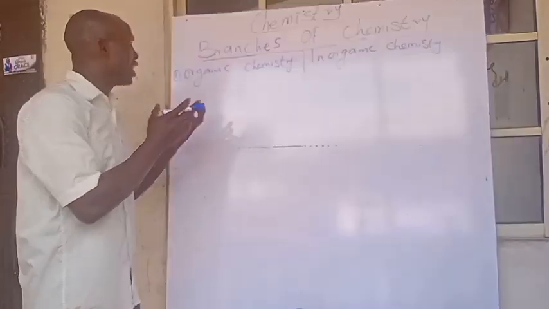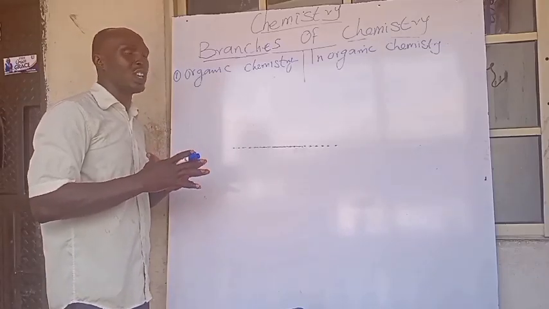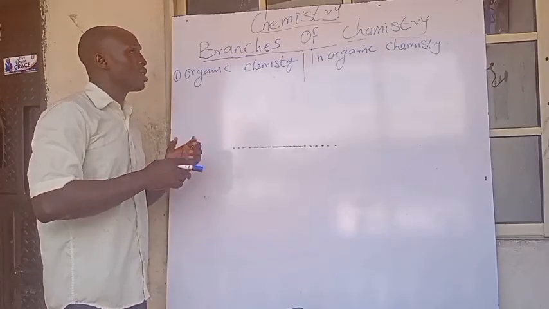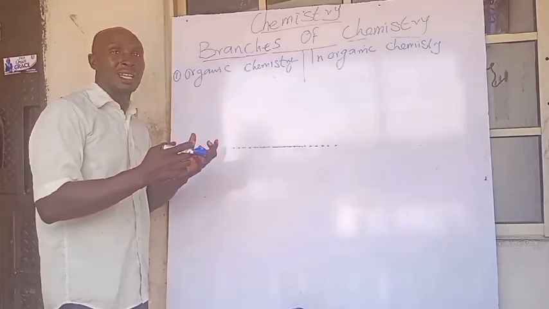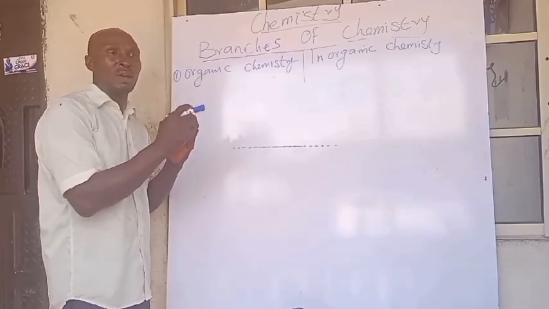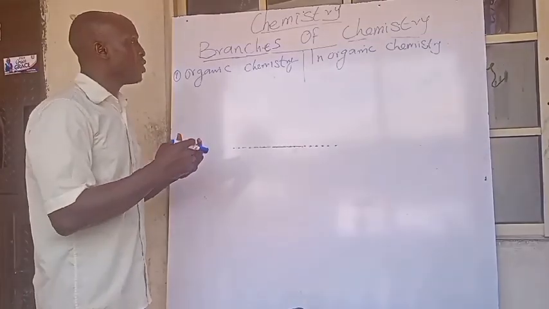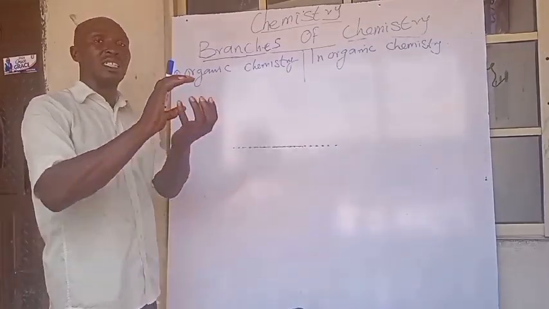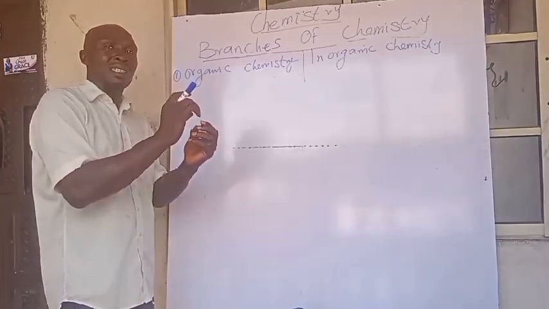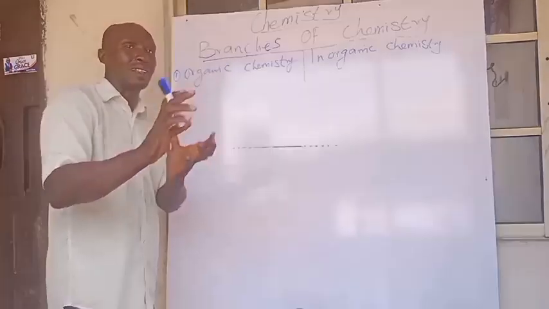Now, for us to get the full knowledge or proper understanding of these two branches of chemistry, we must first of all talk about what matter are organic and which other matter are not organic. If we don't know the matter that are organic, we cannot totally understand and say this is the study of this set of matter.